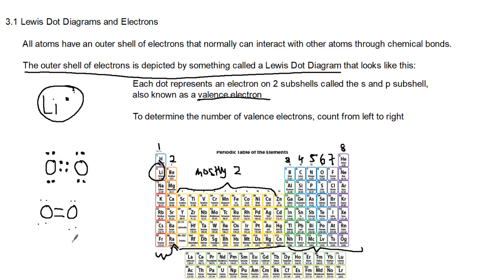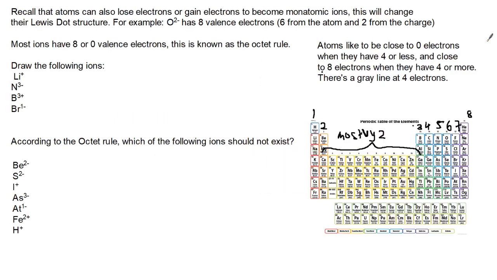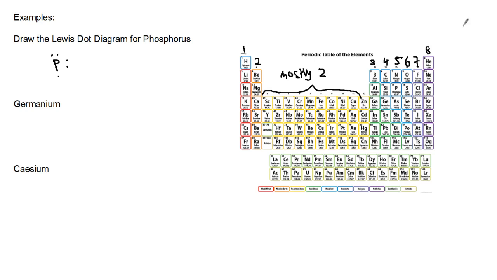We have to make sure that we know how many. Actually, yeah, we're going to learn about the 8 electron rule this time. So, for example, we want to draw the Lewis dot diagram for phosphorus. Where's phosphorus? Right here. We have 1, 2, 3, 4, 5. Germanium is Ge, I think. Where is germanium?